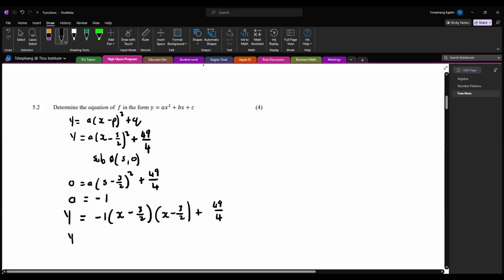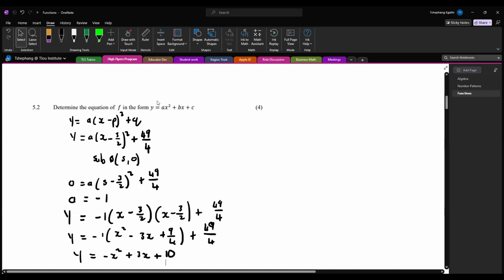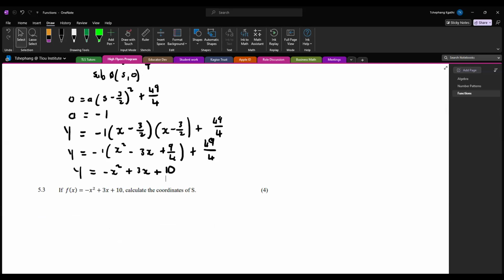Then this is simply going to be y is equal to minus 1 into x squared minus 3x, plus 9 over 4, plus 49 over 4. Then y is equal to minus x squared plus 3x plus 10. And we have it in the form ax squared plus bx plus c. Okay, wasn't too bad.